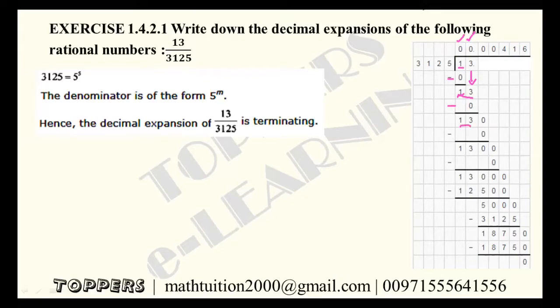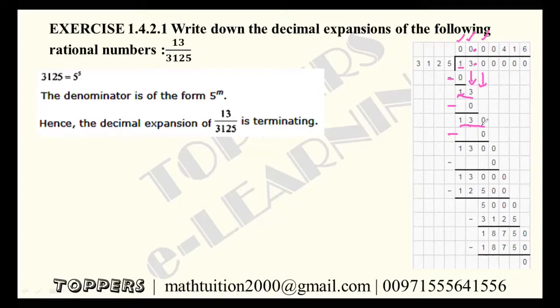Nothing to bring down. So what you have to do is put a decimal point here in the dividend and also in the quotient, and we can put as many zeros as we need. So we put some zeros there. Bringing this 0 down, the number becomes 130. 130 is smaller than 3125, so 0 times. 0 multiplied by 3125 is 0.